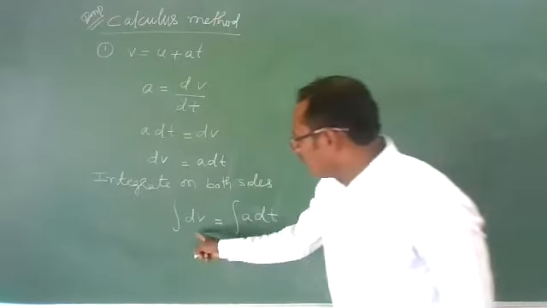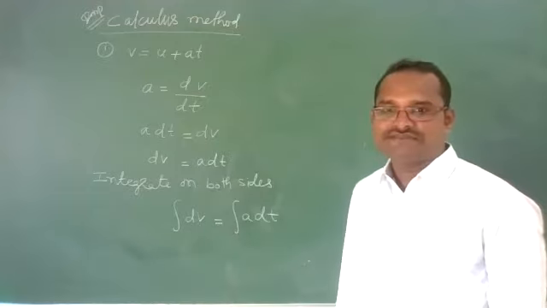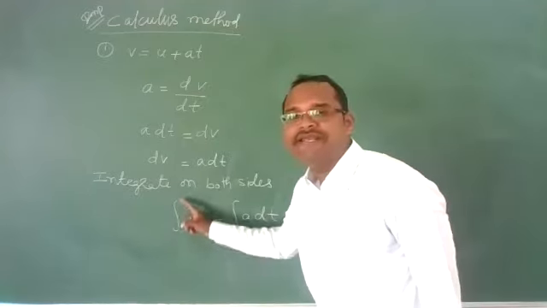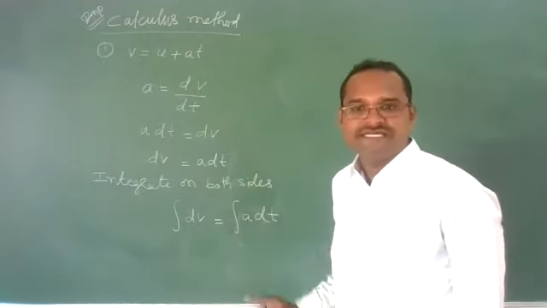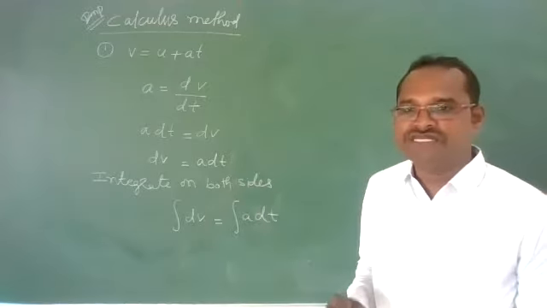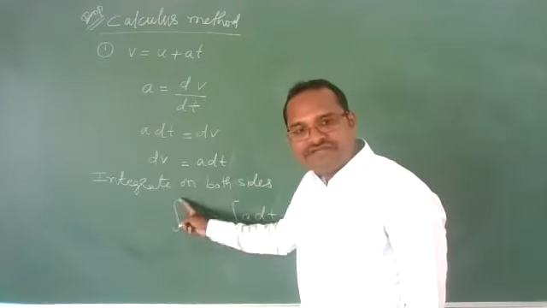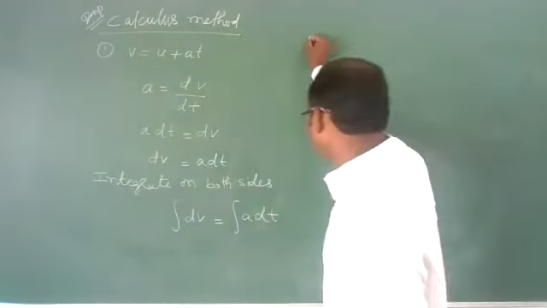What I am doing is indefinite integration, because I have not applied any limits. If I am not applying limits, it is called indefinite integration. If I apply limits, from where to where it is integrated, that is called definite integration.